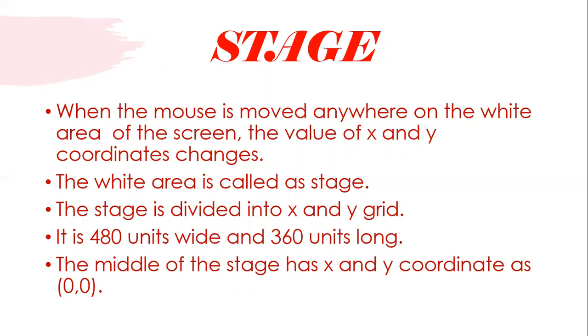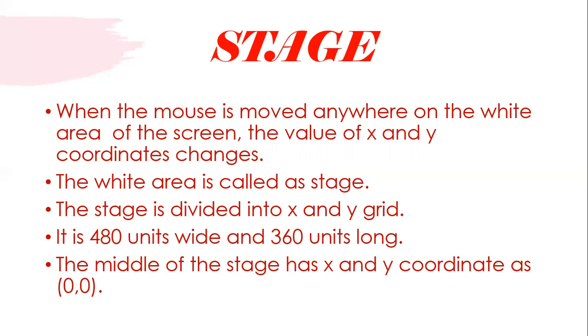Okay. So what is this stage? This stage is divided into x and y grid. Okay, that means it is divided into two parts, x and y. So it is 480 units wide and 360 units long. And the middle of the stage has x and y coordinates as 0 and 0.